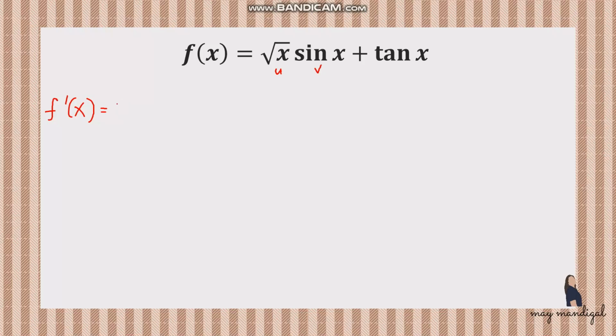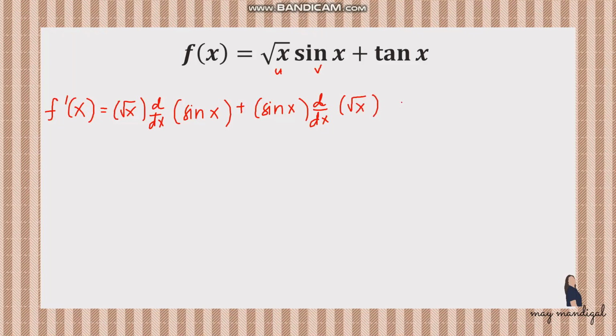So u dv plus v du. And then for tangent, all we have to do is just to add the derivative of it. So plus d over dx of tangent of x.